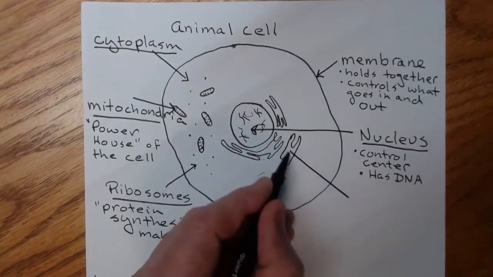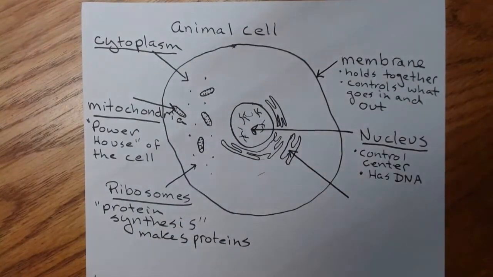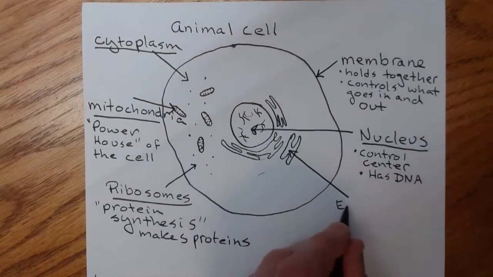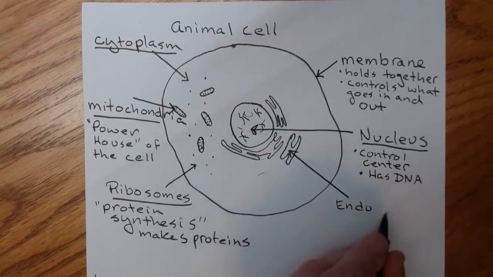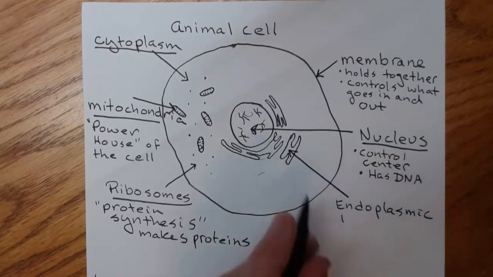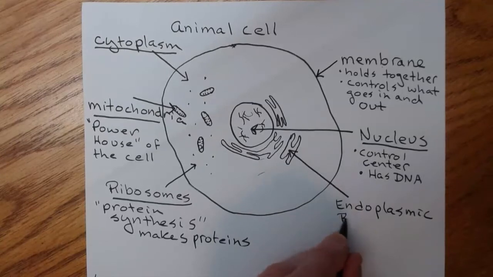Let's just say down here. That is called the what? Say it! Endoplasmic reticulum. I love that word. Endoplasmic reticulum. Everybody say endoplasmic reticulum and marvel at, is this the coolest science word you've ever heard in your life?